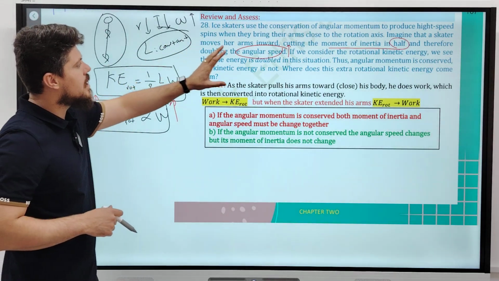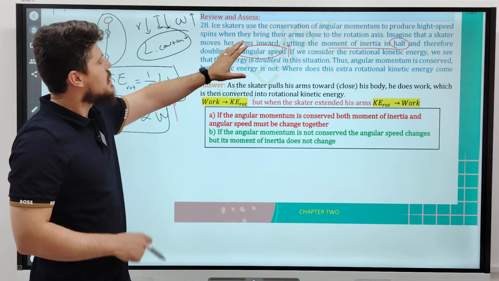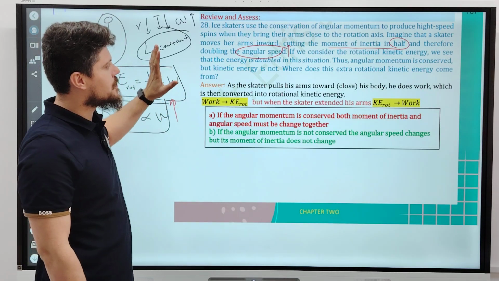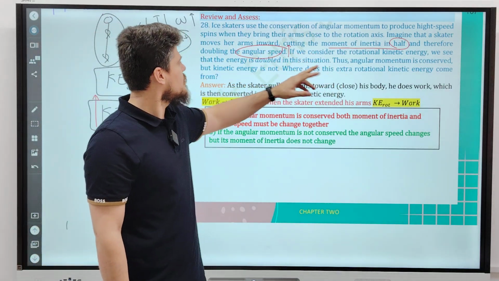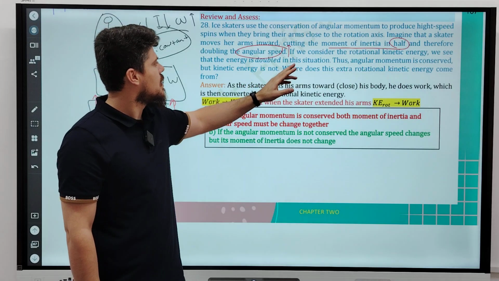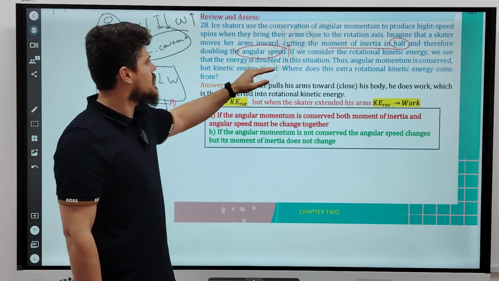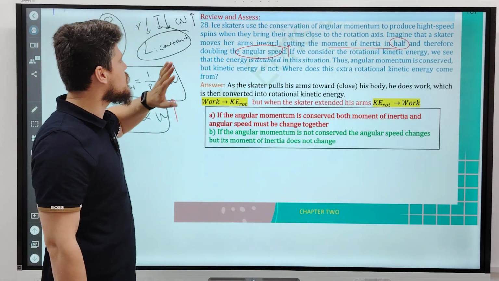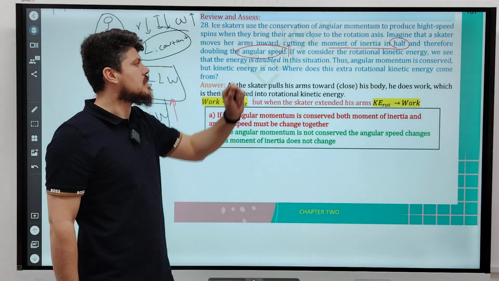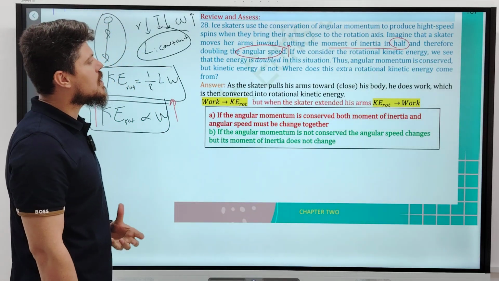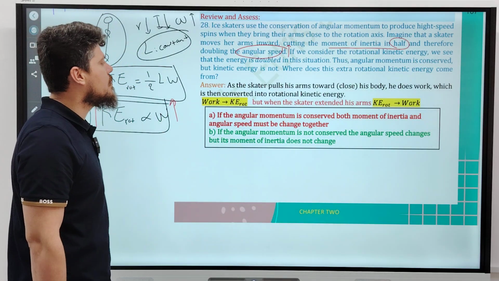Why? Because the skater uses the conservation of angular momentum. Thus, the angular momentum is conserved, but the kinetic energy is not. So the kinetic energy is doubled in this situation. Where does this extra rotational kinetic energy come from?